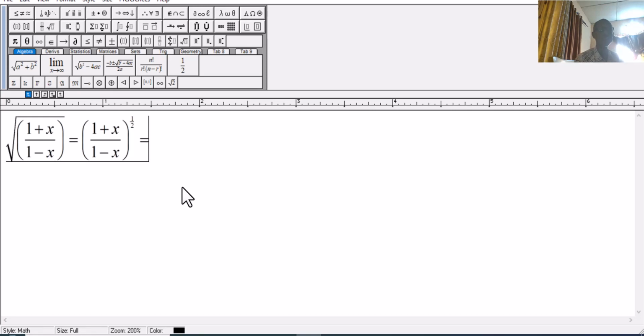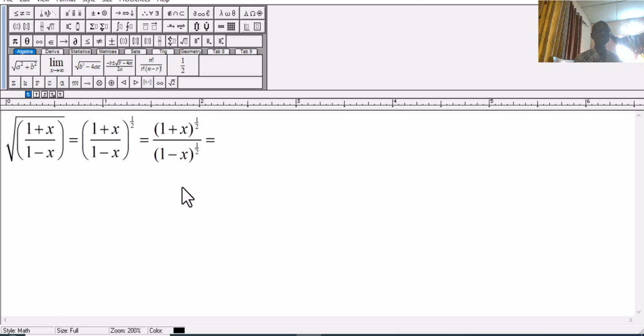It also means the square root of 1 plus x over the square root of 1 minus x. So this is what this statement means.